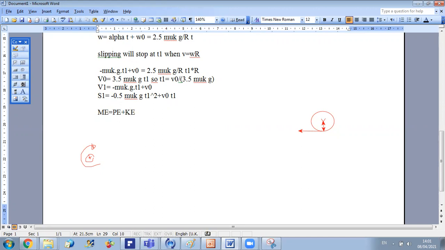Now here, if we take the reference of potential energy passing by the G, then PE equals 0.